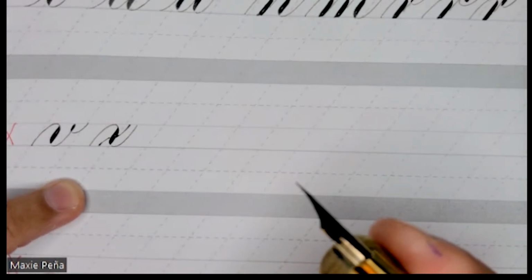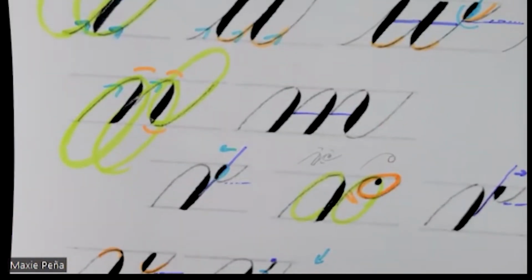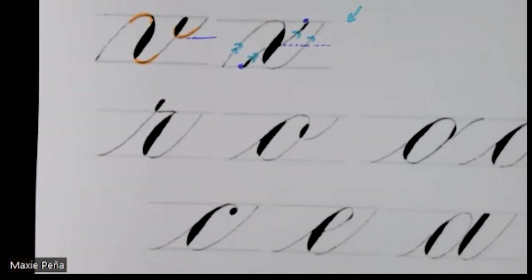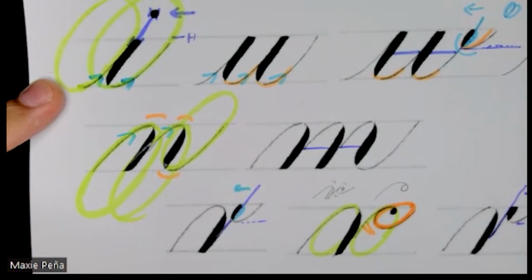The next group is going to be the ovals: R, O, C, N, A. The first part of the O is just your entry stroke that we've been using for most of our letters.